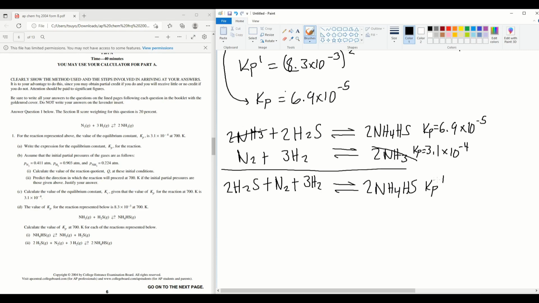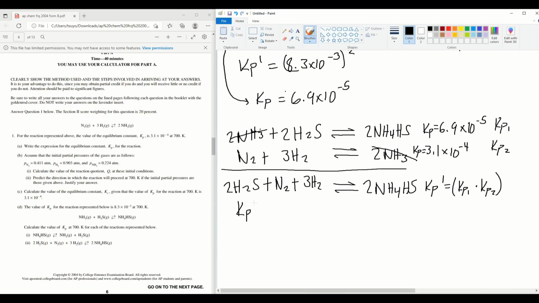So to find the value of this, we need to do Kp dash equals Kp1 times Kp2. So let's just say this one is Kp1 and this one is Kp2, because this is the first reaction we used, and then this bottom one is the second one we used. So we're just going to plug it in.